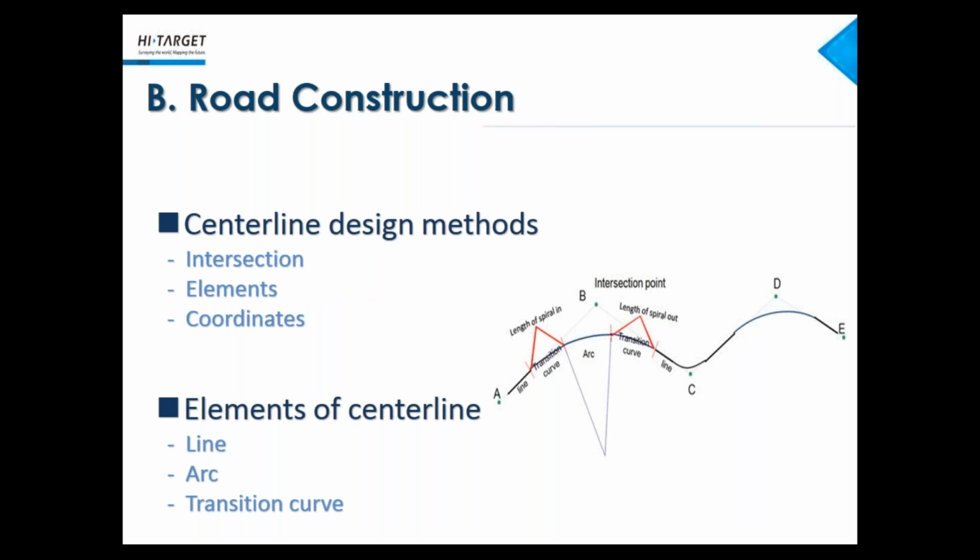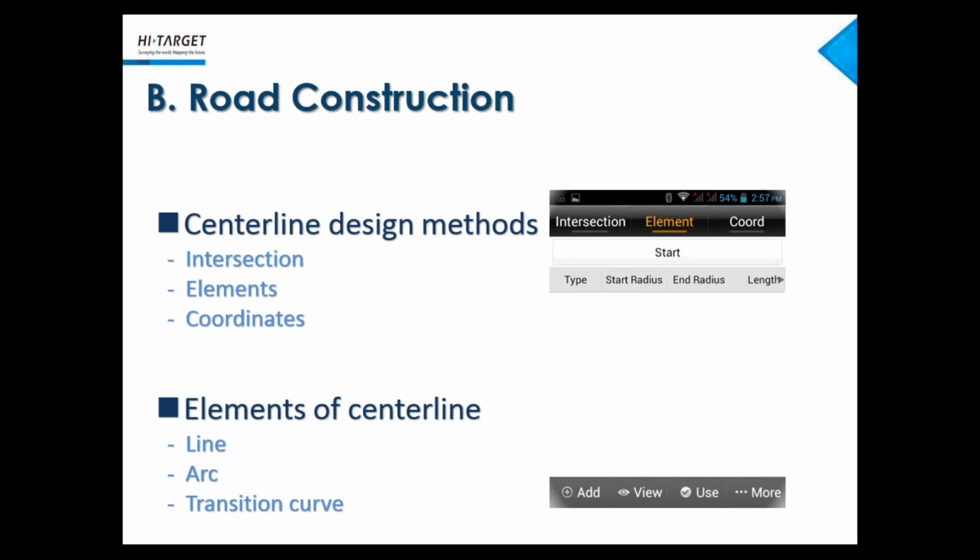They are all supported by HiSurvey. Let me take the elements as an example. For the elements method, you need to input the lines, the arcs, and the transition curves. So how do we do that? Come to the element tab, then we click the Start button.